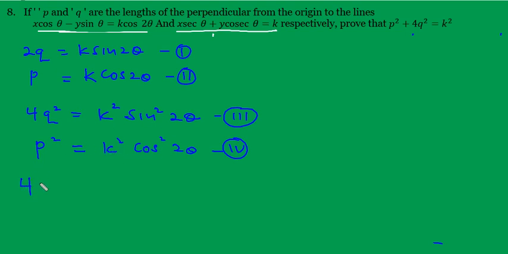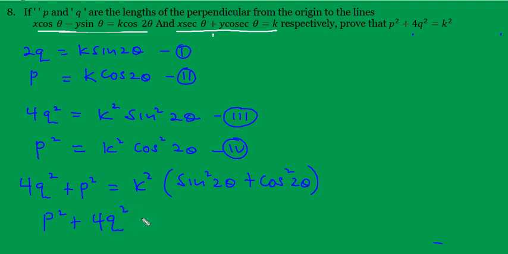So I get 4q squared plus p squared equaling to k squared, then I'll get sine squared 2 theta plus cos squared 2 theta. So this is a 1, and you can see that this can be rearranged, and we get p squared plus 4q squared equal to k squared, since this one gives us a 1. So this is the required expression.